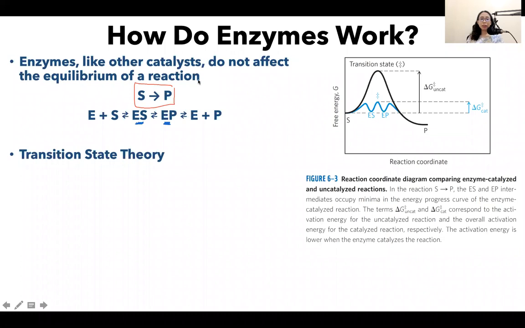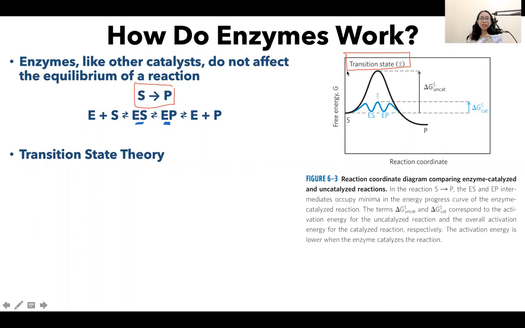Now, an important theory that can be used in enzyme kinetics is the transition state theory. In the transition state theory, we describe what is called the transition state, from the name itself.